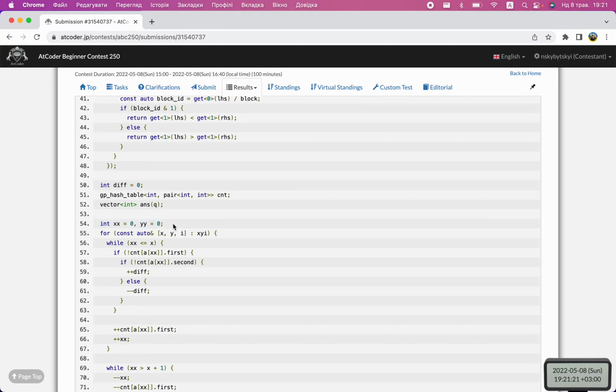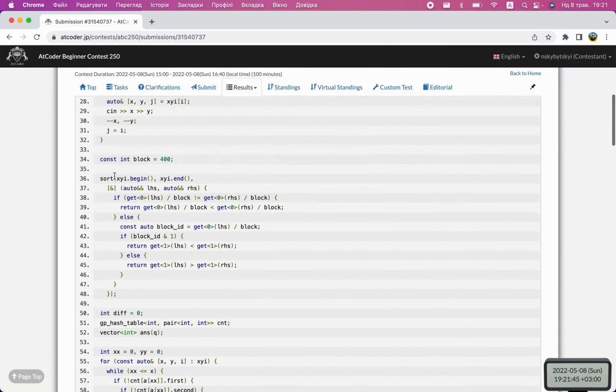And for Mo, you need to be able to efficiently move x one to the left and y one to the left, one to the right. Yes, both endpoints of your interval, you should be able to move one to the left, one to the right.